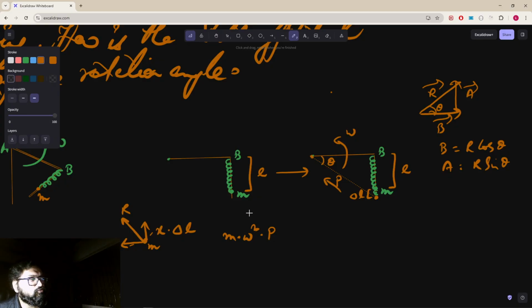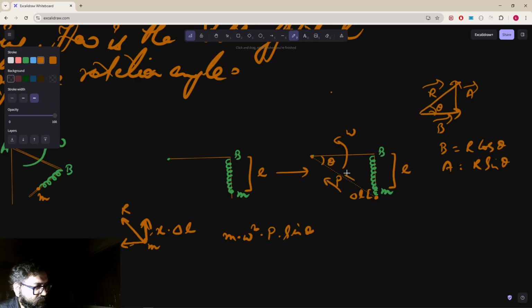The same concept I'm going to apply here. The resultant is m omega square into p, and this component is nothing else but this times sine of theta.